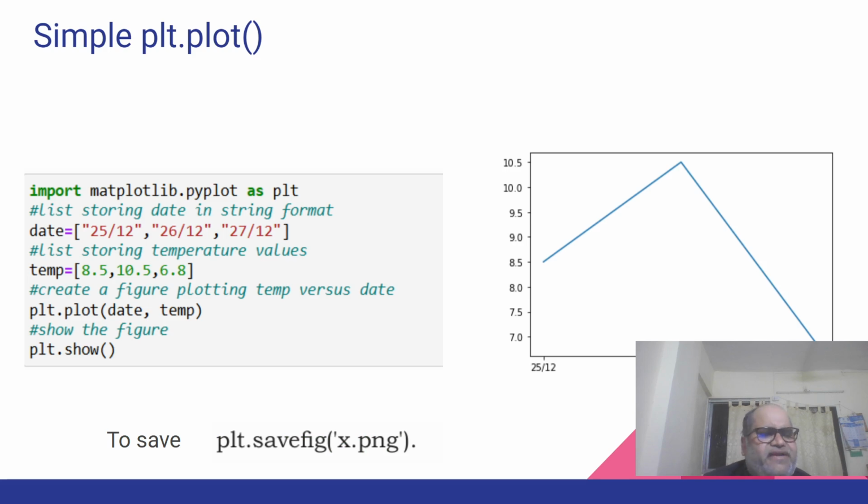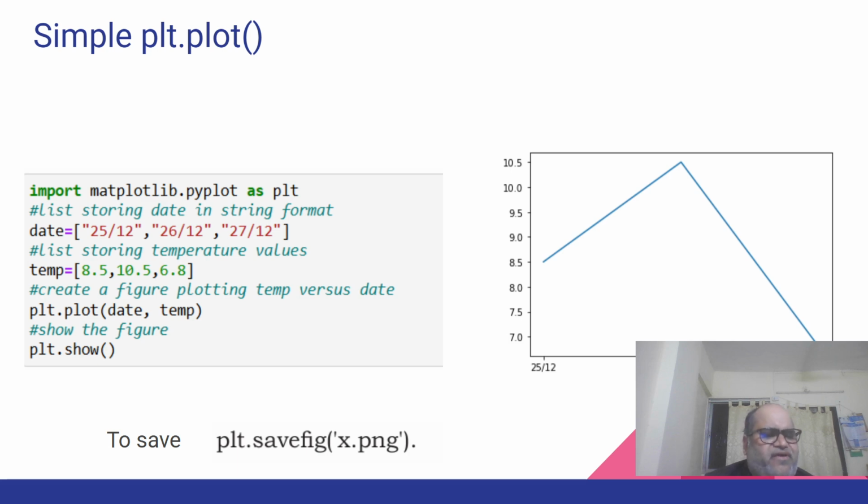So we have just printed dates and temperatures on those dates. As you might see on the screen, we first import matplotlib.pyplot as plt, and then we have our data set as lists in date and temperature variables.